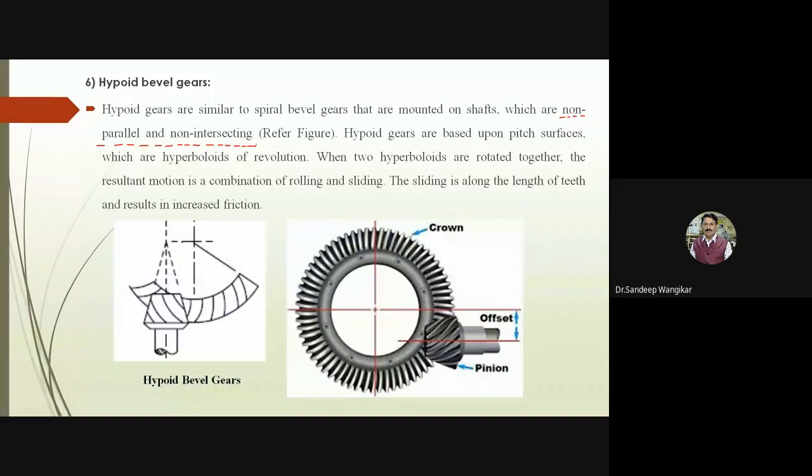Okay. Here also I can show you the offset. So in the diagram you can see, it is shown in the diagram also. This is nothing but what is mentioned as the offset.